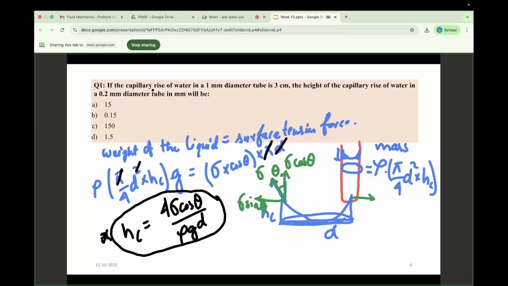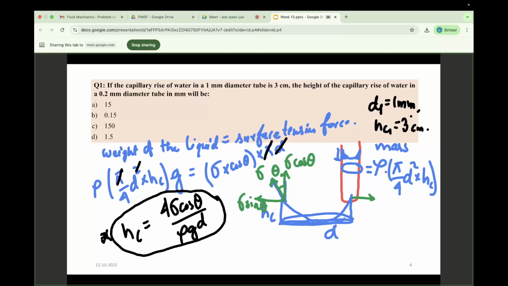So what is given in this question? The rise in a 1 mm tube diameter. In one case this D1 is given as 1 mm and the capillary rise is 3 centimeter. So h1 is given as 3 centimeter.